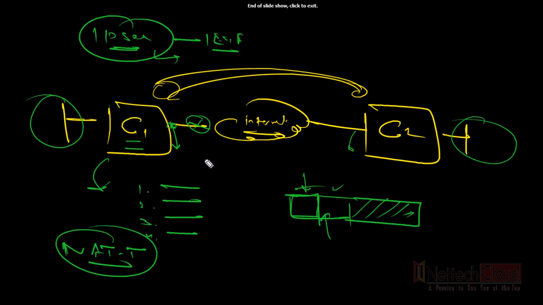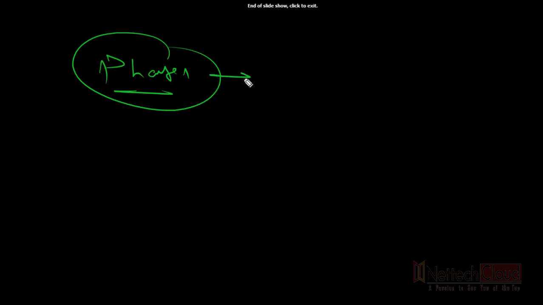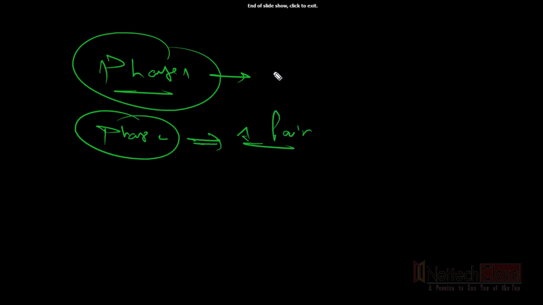Another point we discussed in this section was phase 1 and phase 2 tunnels. Phase 1 tunnel is for the management or control plane, and phase 2 tunnel is the data plane tunnel, right? And phase 2 tunnels are unidirectional, which means a pair of phase 2 tunnels is created, one inbound and one outbound, whereas phase 1 is bidirectional, only a single pair.